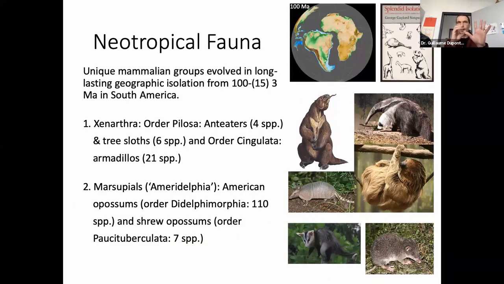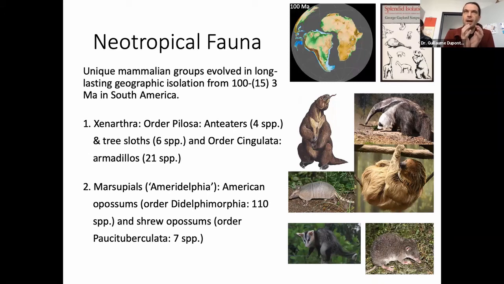And now we go to the Great American Interchange. South America is a continent that separated from Africa about 100 million years ago, and as such was isolated for, let's say, at least about 90 million years. It was essentially an island like Australia.